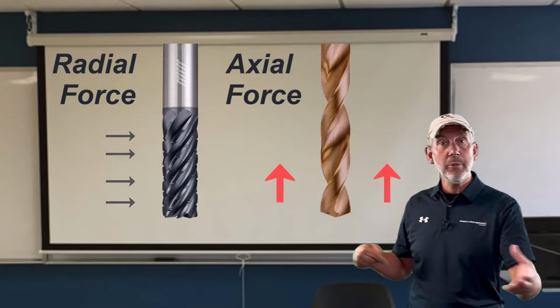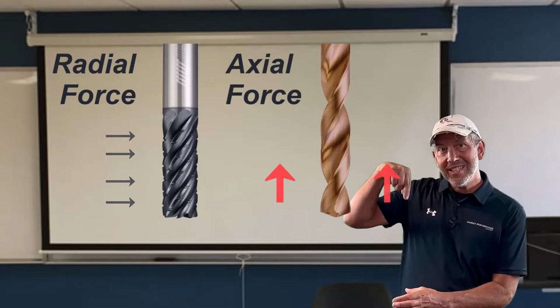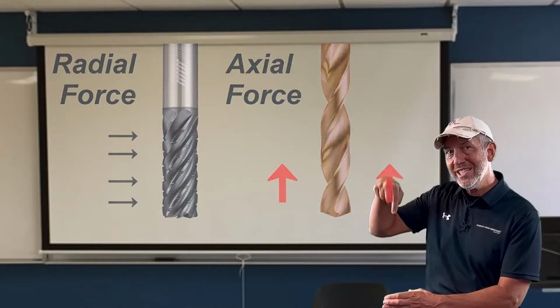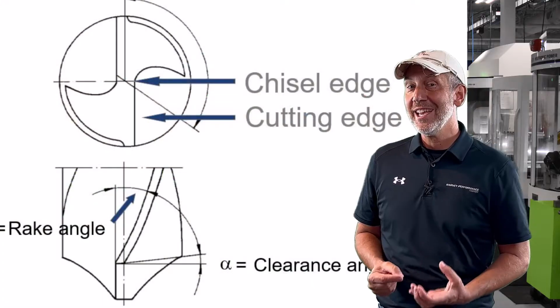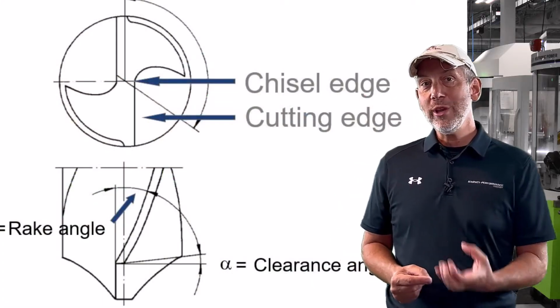So mainly with a CNC machine, it's in the Z motion. We're pushing down. So that is very important to understanding how a drill works and the best way to use a drill, because the point geometry at the end of that drill is going to create the most amount of pressure and force pushing up on that. So it's critical to get the right point geometry. This is where we're going to go into some high performance stuff later for the right drill.